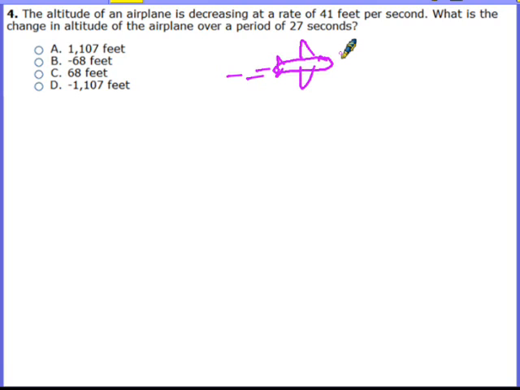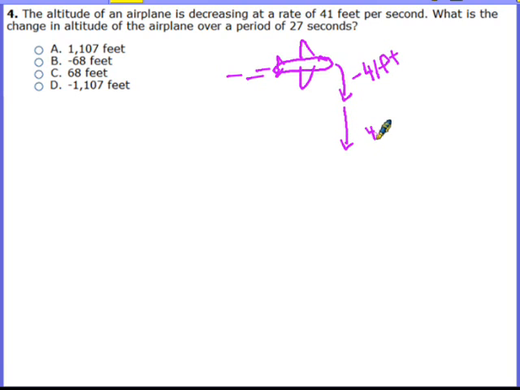Alright, so now that I've gotten that taken care of, we have that the airplane is going down 41 feet per second. So that means after 1 second it just went down 41 feet. And then guess what happens another second?